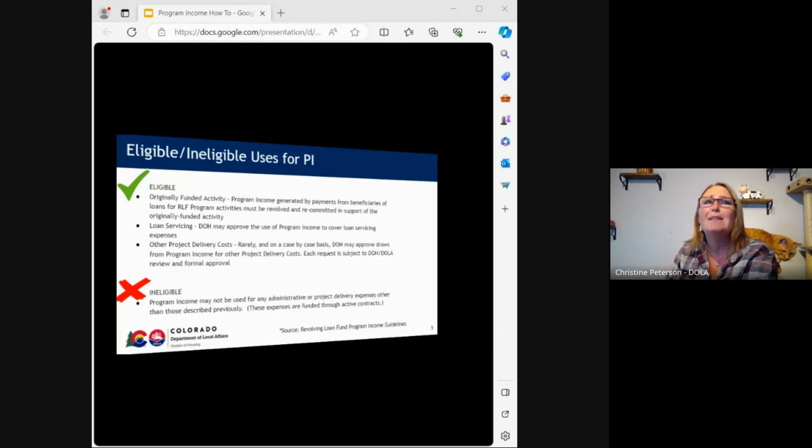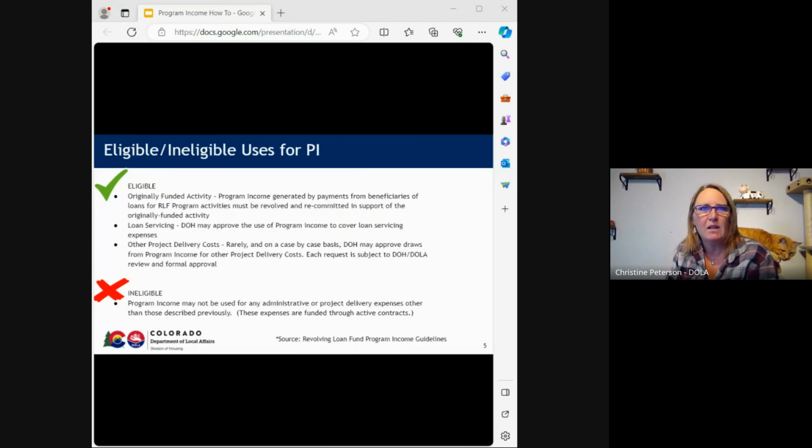DOH does have the right to adopt policies that are more restrictive than HUD's policies. Obviously, we are never less restrictive, but we can adopt additional policies if DOH chooses. Eligible uses are originally funded activities. Program income generated by payments from beneficiaries of loans in the RLF program activities must be revolved and remain committed to the same type of activity as it was originally intended for.